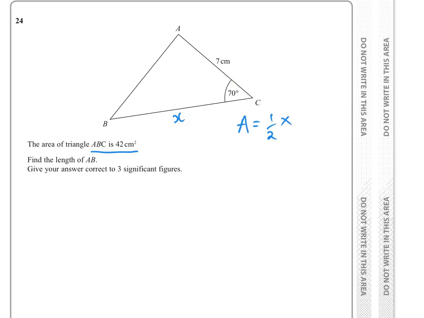So in this case, x times 7, and that's going to be equal to x times 7 times sine the angle, so I'll write that out so you can actually see it properly, a half a b sine c, isn't it? That's the formula.